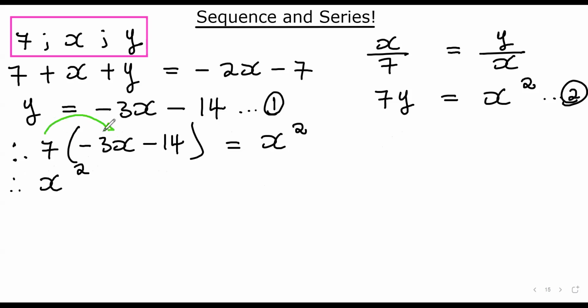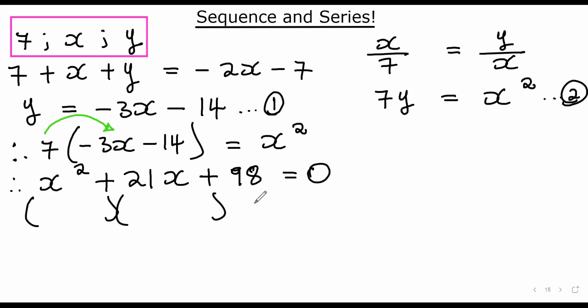So 7 by 3, that's 21. It's negative 21x on the left-hand side, but positive 21x when it gets to the right-hand side. And 7 times 14 is negative 98, which becomes positive 98 when it gets to the right-hand side.